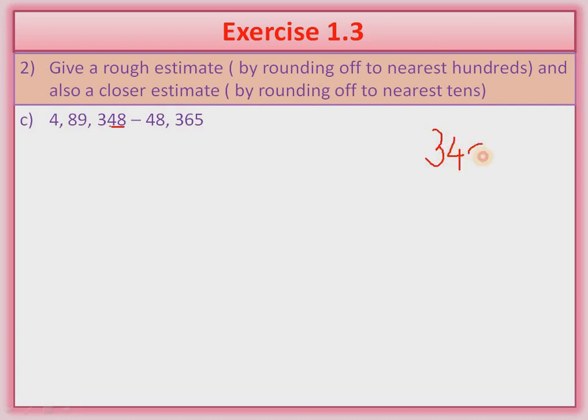Okay, we will write 2 zeros instead of 48. Now check this value. What will its estimated value be? 00 only. Okay, the answer is 300. Understood what I am telling you, beta?